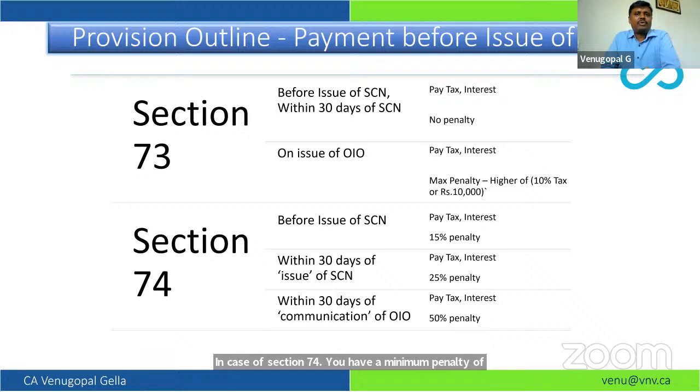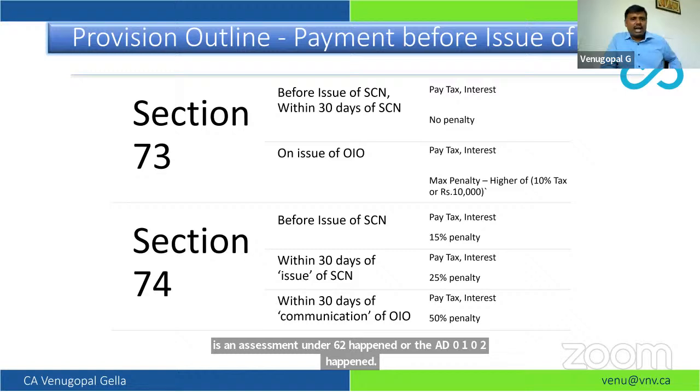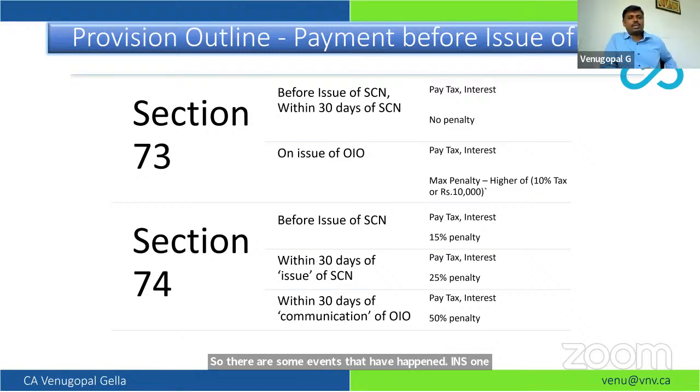So even before the issuing of the show cause notice, you are making up your mind and paying. How will I know before the show cause notice? There is a 70(1) that happened, or an assessment under 62 happened, or the ADT-01 or 02 happened. INS-01 would have been there, a 67 inspection would have been there.